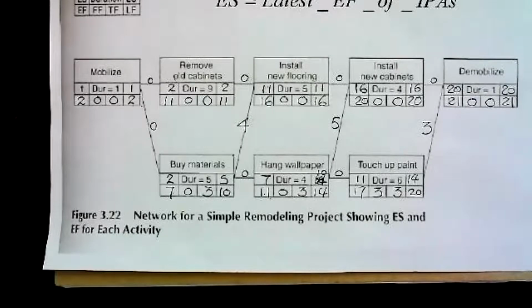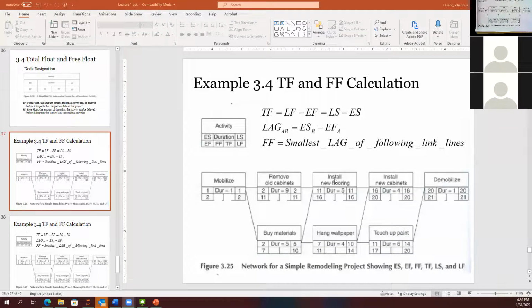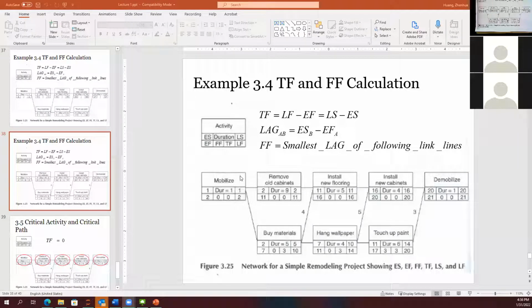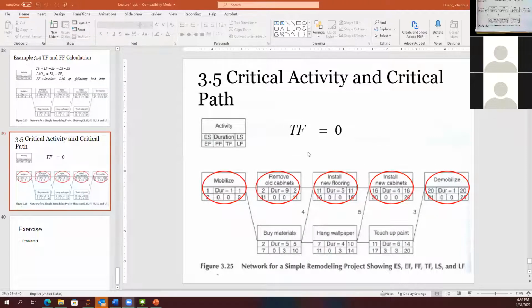Now, let's go back to our PowerPoint. As I did, I filled in all that information over here with those lag numbers, free float, and total float. With the free float and total float, the next step is easy.